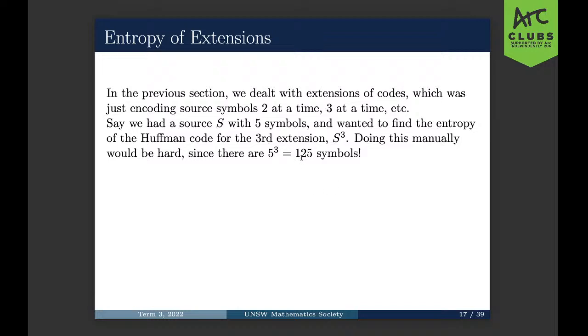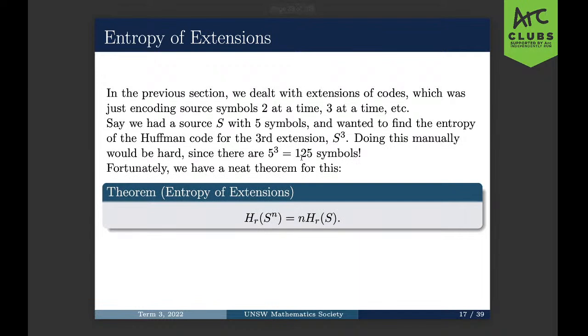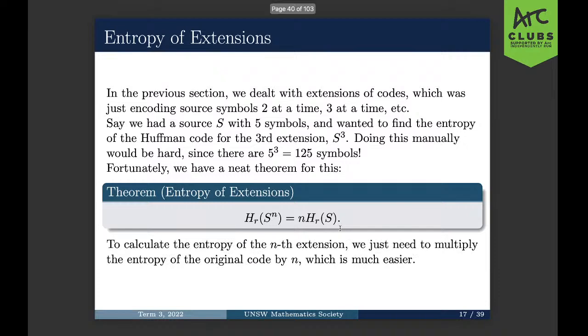So luckily for us, we have a very good theorem for that. It's very simple. The entropy of the nth extension is just n times the entropy of the original source. That's it. Never expand these symbols for the extension. Just use this because it's so much faster.